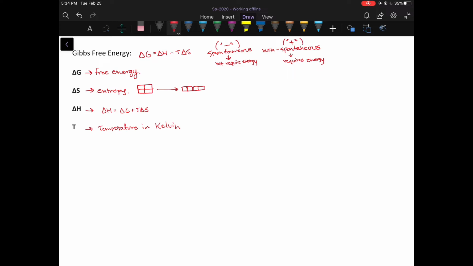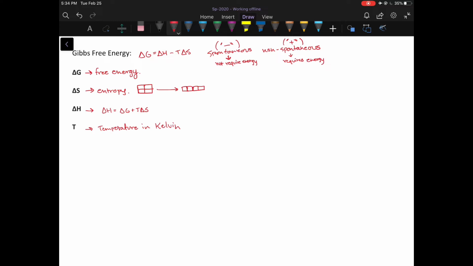So the delta G is basically the final free energy minus the initial free energy. And if your final energy is a lot higher than your initial free energy, then your reaction would be non-spontaneous. And if your final energy is smaller than your initial energy, then your reaction would be spontaneous.